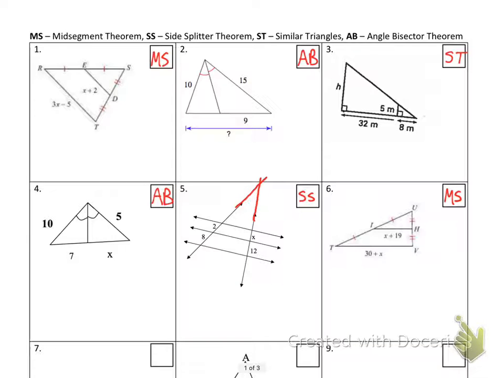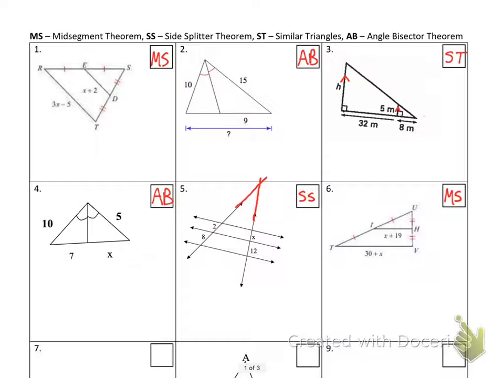So 5 and h are parallel to each other. If the lengths given are along the parallel lines, then it's similar triangles. All right? So the fact that these, and I'm going to draw in the parallel markings on these, the fact that those distances are given tells me it's got to be similar triangles.